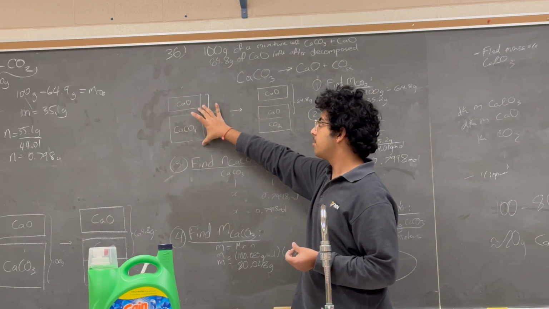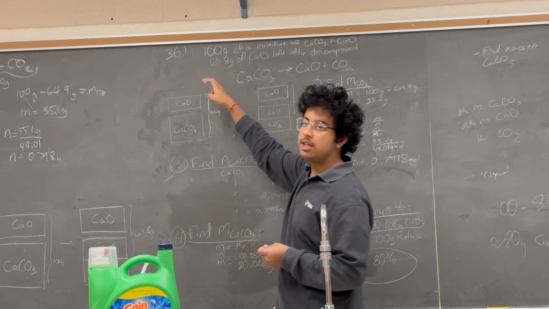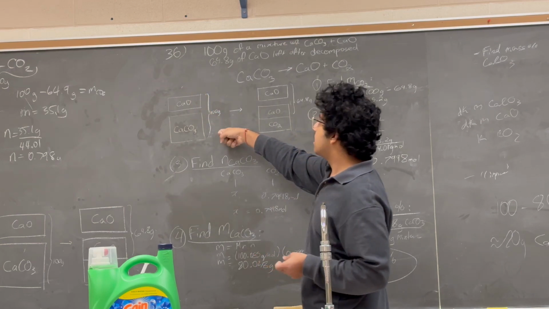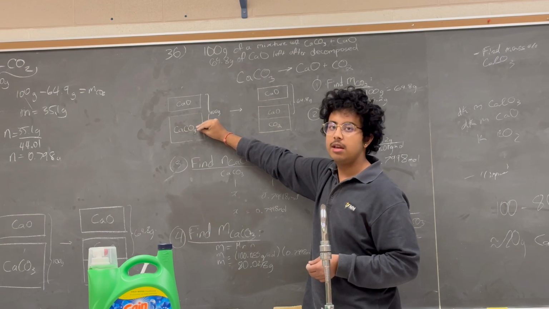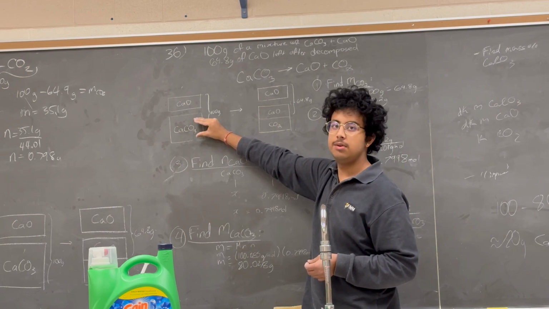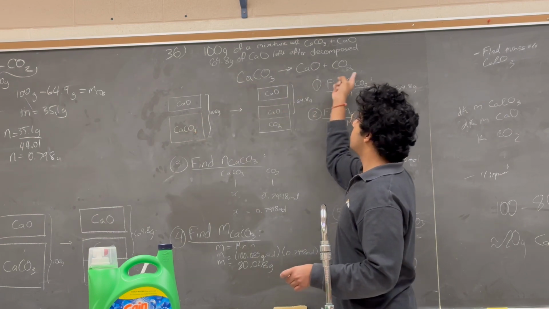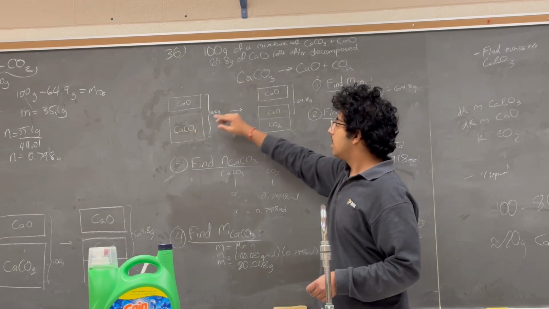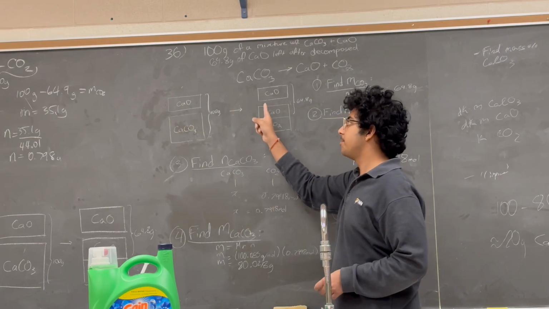You have calcium carbonate and calcium oxide, and we know that it weighs 100 grams. And after it decomposes, only the calcium carbonate will decompose into calcium oxide and carbon dioxide. And that's what this formula describes right here. The original calcium oxide doesn't do anything, it's just sitting there.